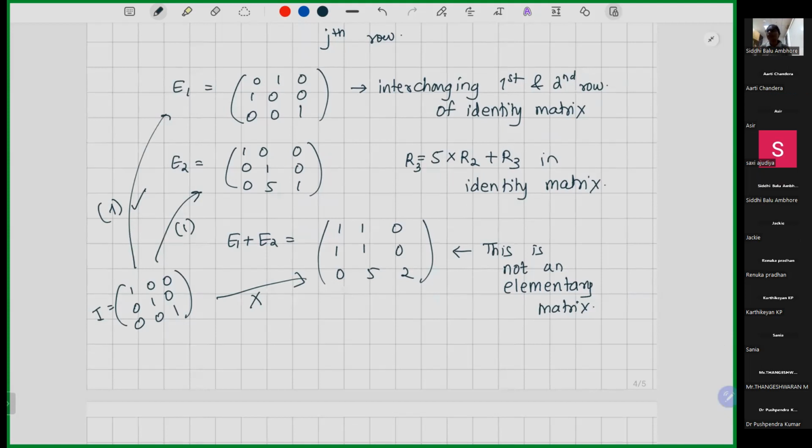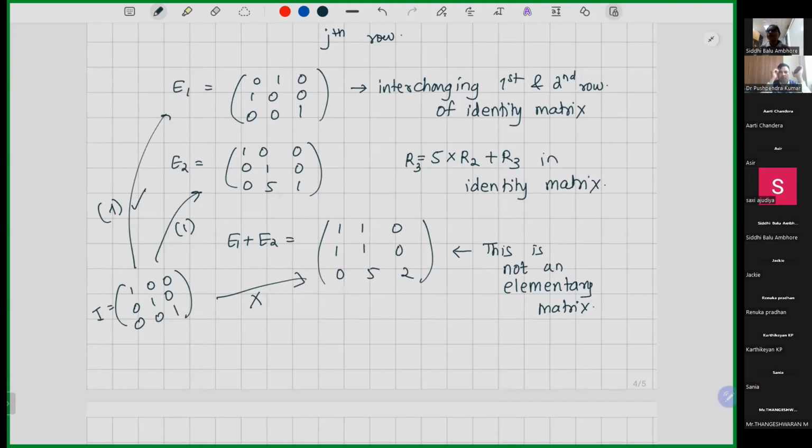I just have a doubt: here you are defining an elementary matrix with respect to an identity matrix. So do we always define an elementary matrix with respect to some matrix? Always with respect to the identity matrix only.